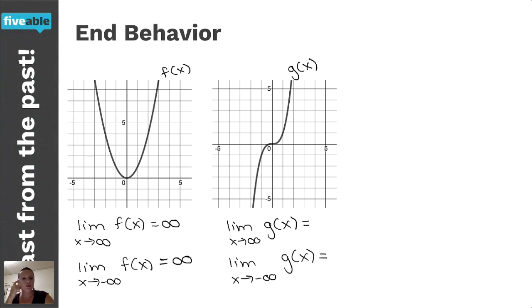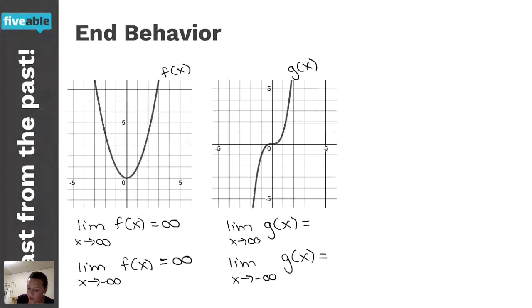What do you think the solution is going to be this time for my limit as x approaches infinity of g of x? Now, be real careful. Keep in mind that my x values are getting larger and larger.